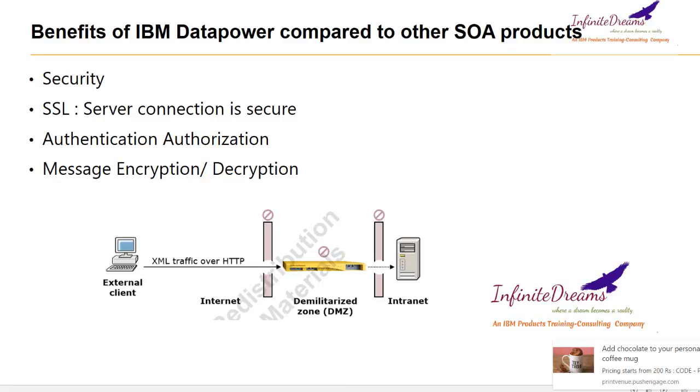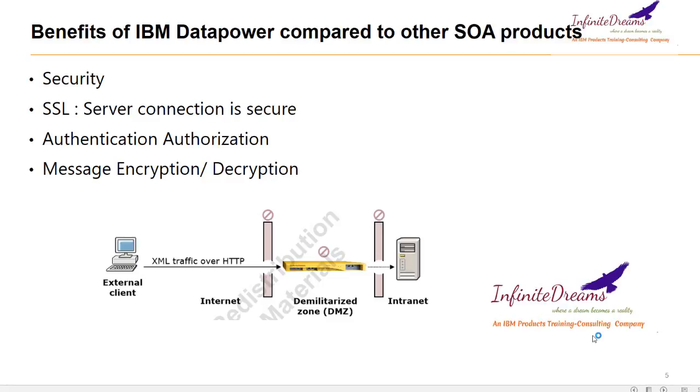Now the question comes: as we know, whenever we implement security, performance will always go down. Let's understand this with a very simple example.